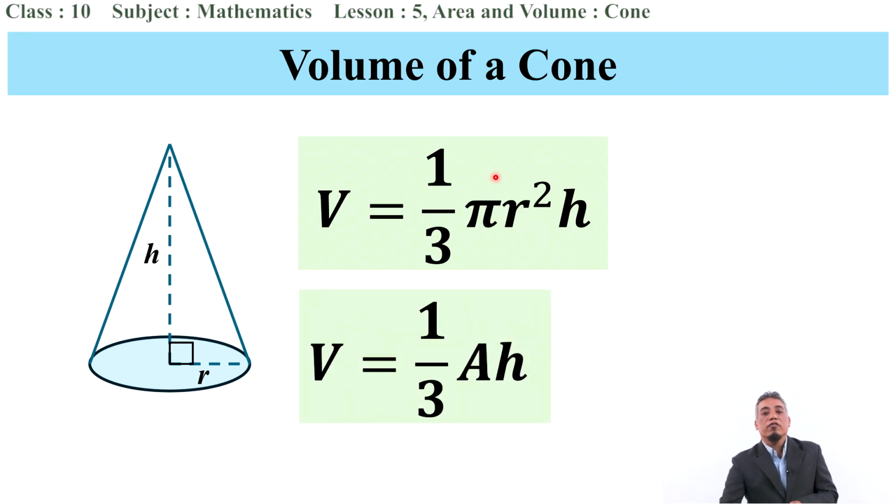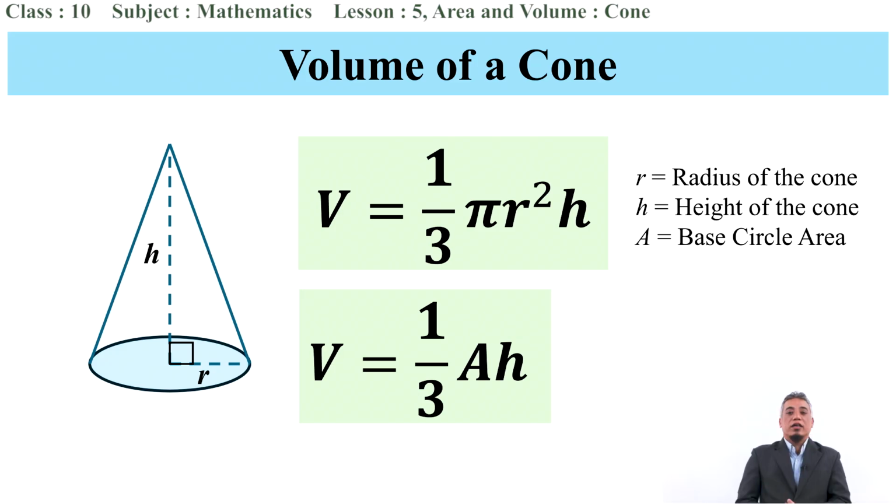Similarly, if you know the base area directly, instead of writing pi r square, you can write base area A also. So it shortens the formula: V equals 1/3 area times height. Okay, this is the formula for the volume of a cone. Here I have mentioned R is the radius of the cone, H is the height of the cone, and A is the base circle area.